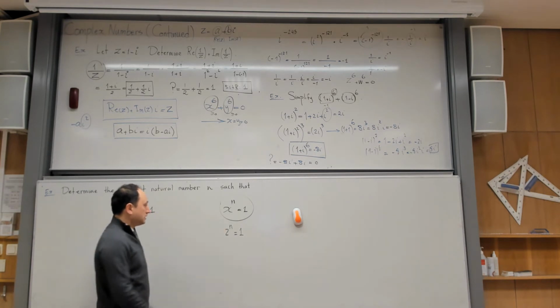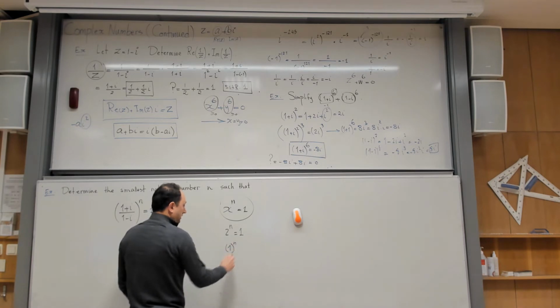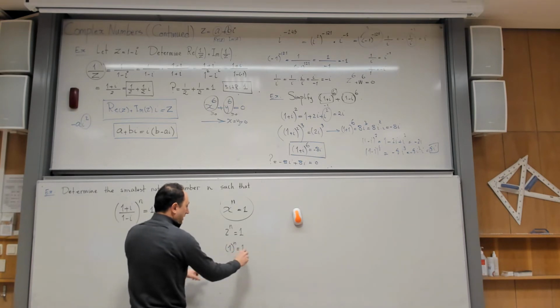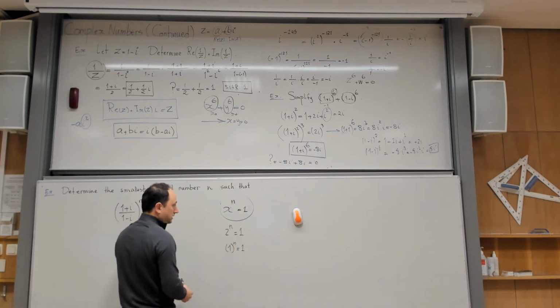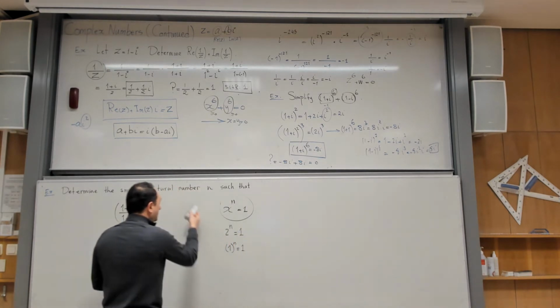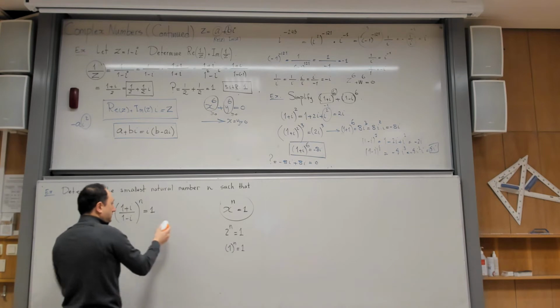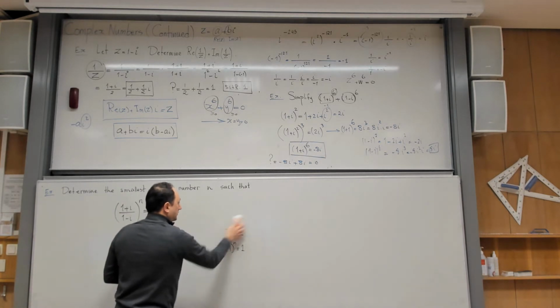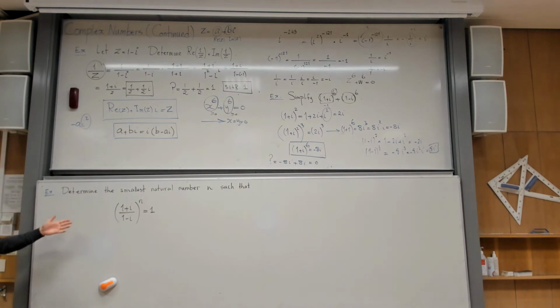But if this number is 1, to the power of n for all possible values of n this is working, then you can choose the smallest one. But what I'm saying is that this problem becomes very easy if this number were actually a real number. But the problem becomes harder when this is a complex number. Okay, I'll give you a little bit of time to think how to try to find a way to solve the problem. Yes?